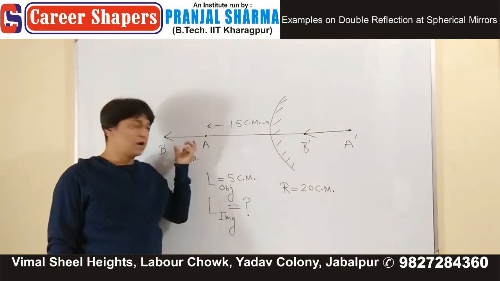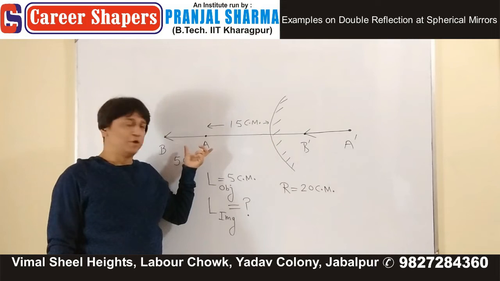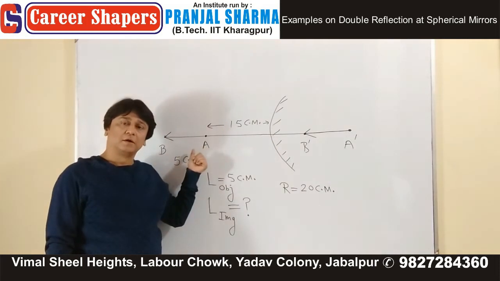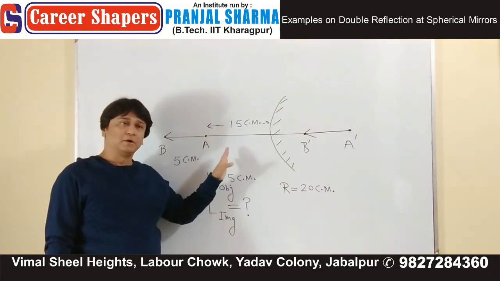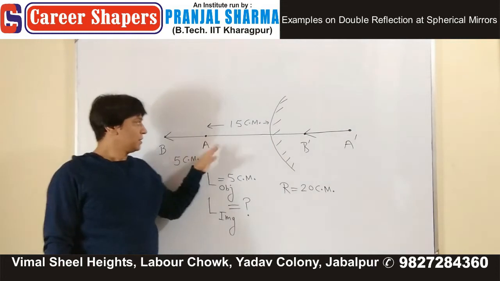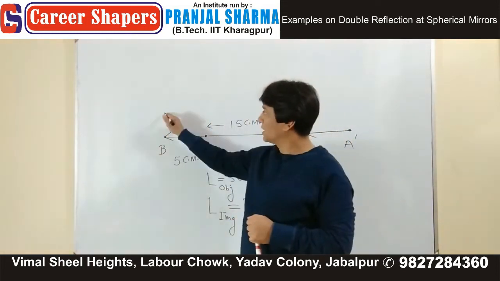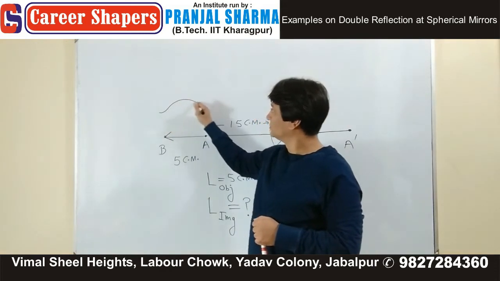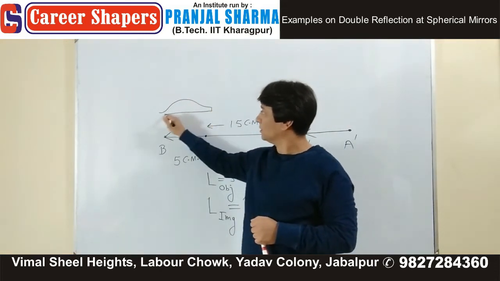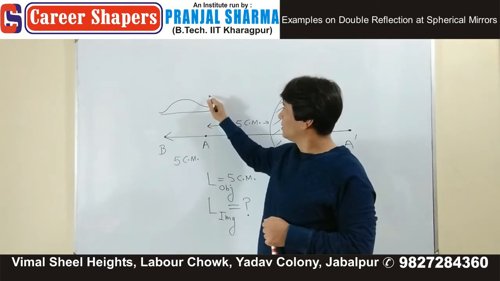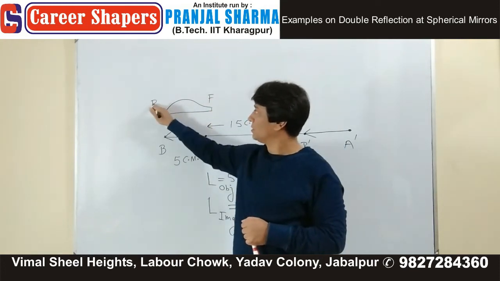Which is like saying you have a car, and when you are looking at that car, if this is a car, this is the front bumper and this is the rear bumper.